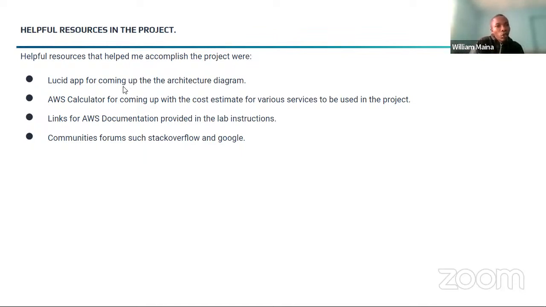Thank you. Also, let me resume. So the AWS calculator will help me come up with the cost estimate for the various services that I'm going to use in the project. Then we have the AWS documentation.